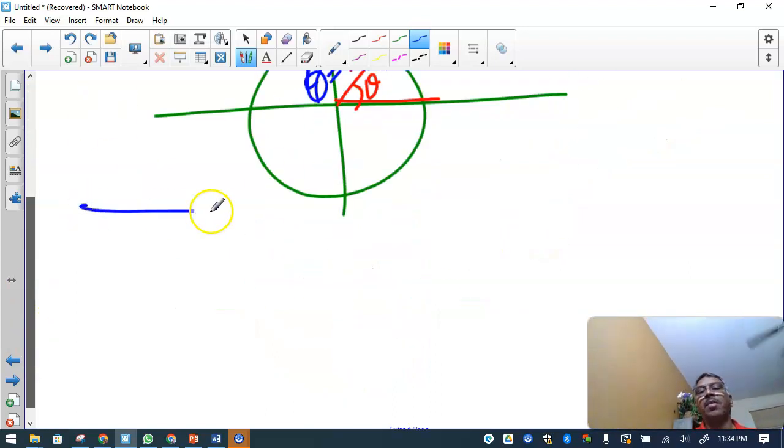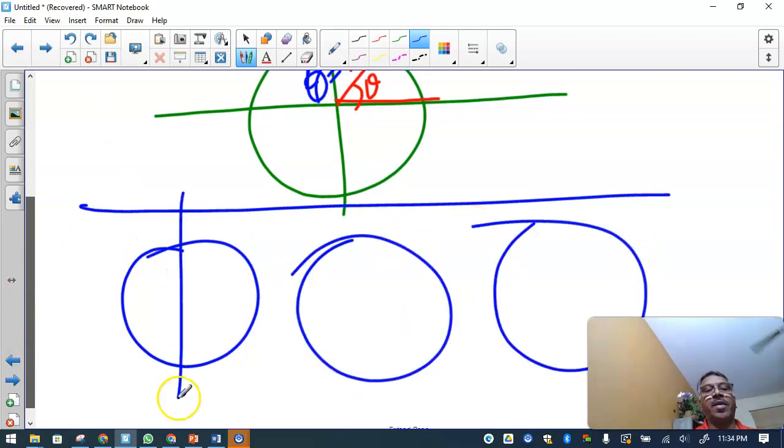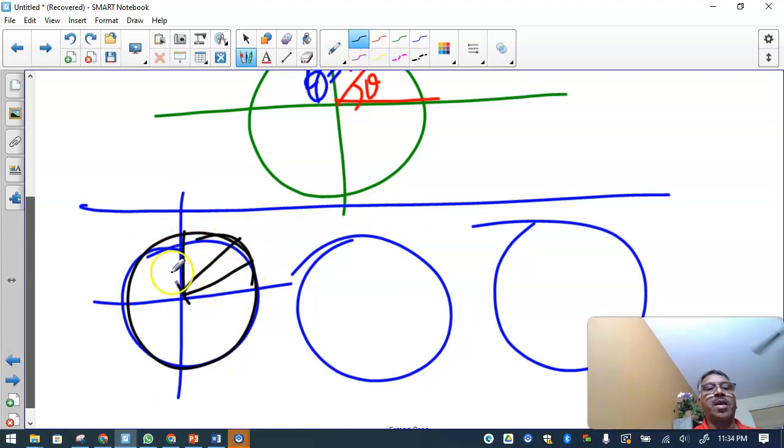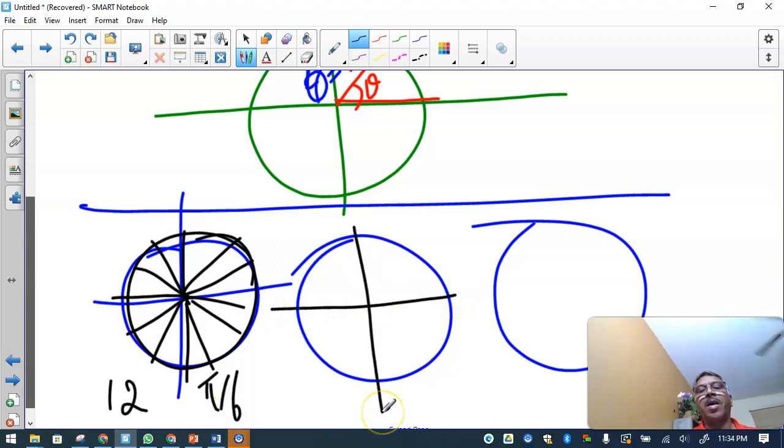And also remember, if we have that pi by 6, in one round there are altogether 12 of them, so 12 pi by 6. If I try to do pi by 3, then there is 1, 2, 3, 4, 5, and 6.